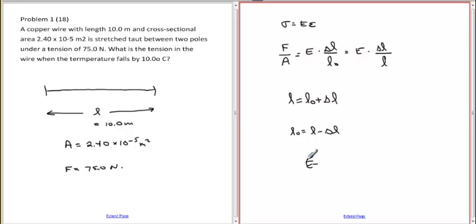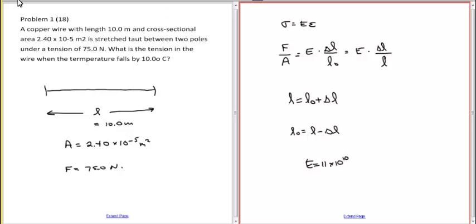There we go, Young's modulus under elastic modulus, so it's page 348. And actually it's on 349. Approximate elastic modulus for copper is 11 times 10 to the 10th pascals. So E is equal to 11 times 10 to the 10th.